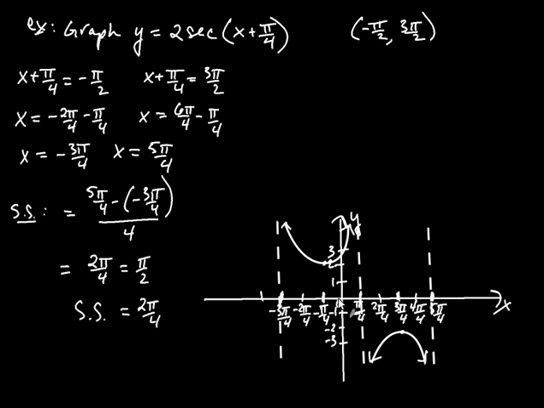So when x was 0, this point used to be at 0, and now it's shifted to the left pi over 4. So you have to be really careful when interpreting phase shifts. And sometimes phase shifts and period changes can interact to trick you when you're not working with sine and cosine.